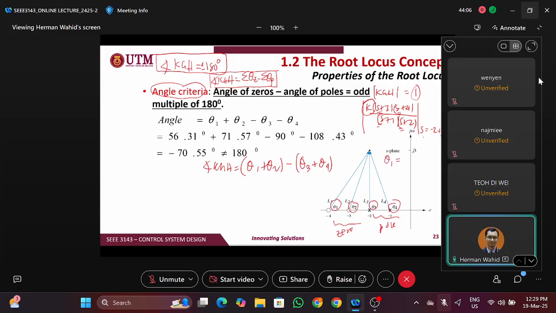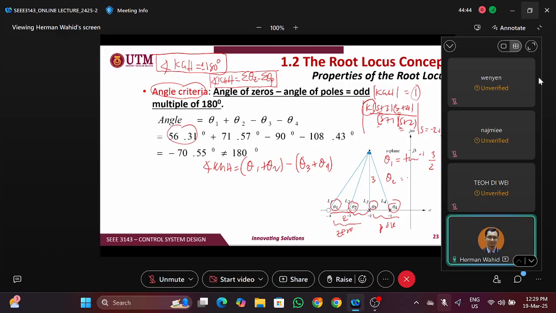Theta 1 is the tangent inverse of the opposite divided by the adjacent, which is 3 divided by 2, because the height is 3 and the distance here is equal to 2. So we get 56.31.